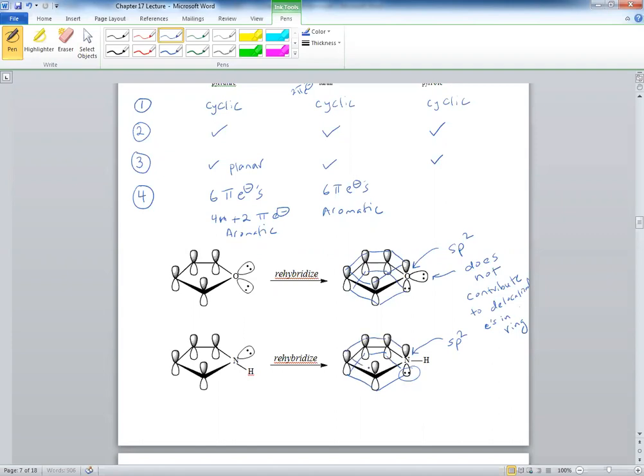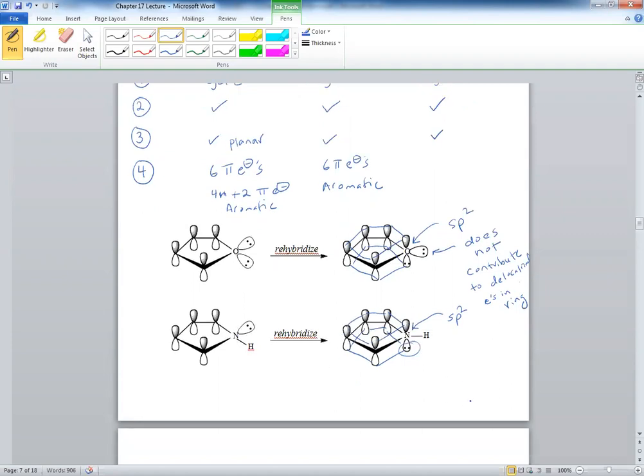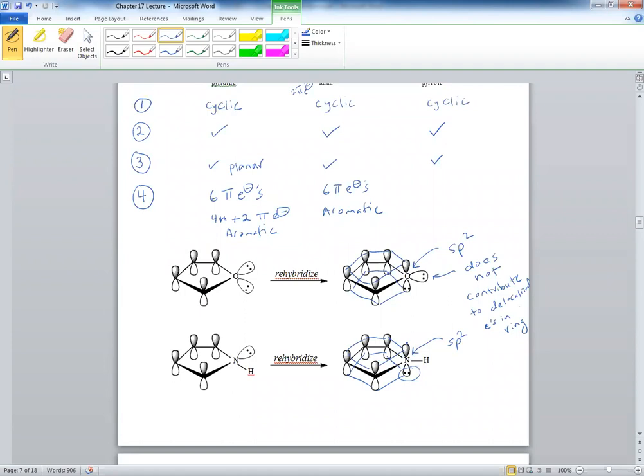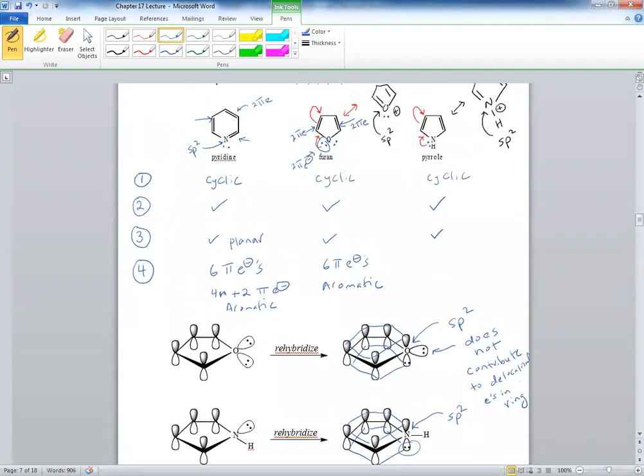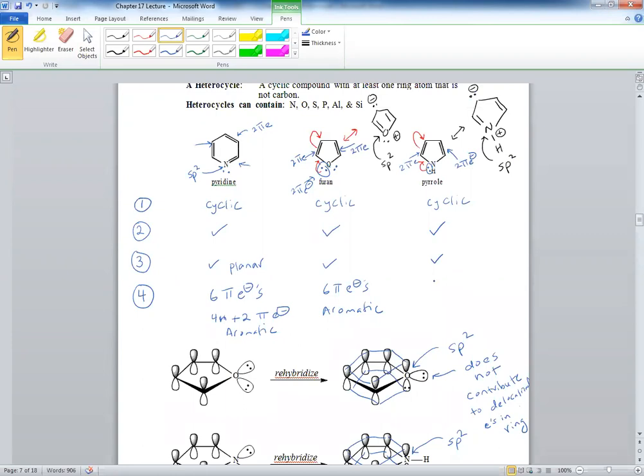So it does contribute to the delocalized electrons in the ring. Therefore, we count this lone pair. Then we have 2 there, and 2 there as well. So that would be 6 electrons, so that is also aromatic.